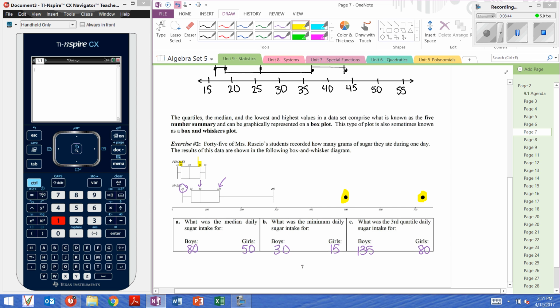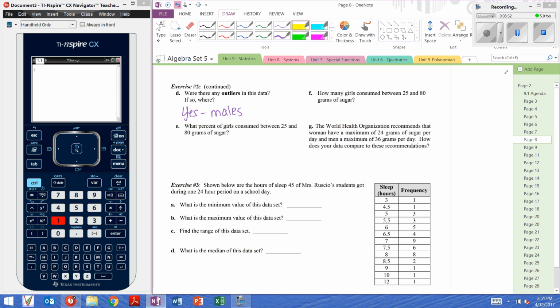So how much of the data is that? Well, remember, each one of these sections here is 25%. So 25% plus 25% would give us a total of 50%. So that's saying that 50%, or half of the girls' data, is falling between 25 and 80 grams of sugar intake.